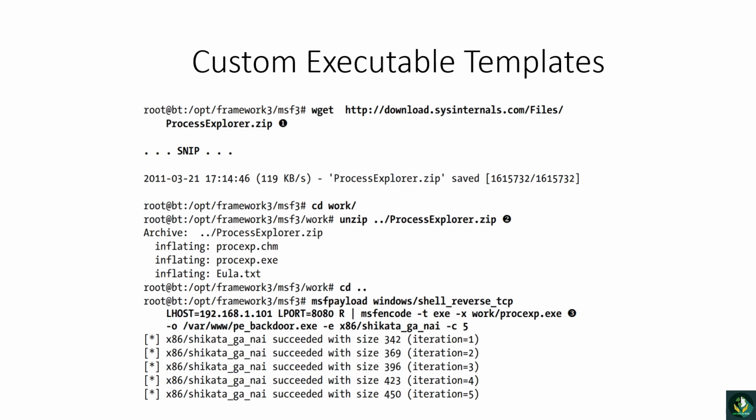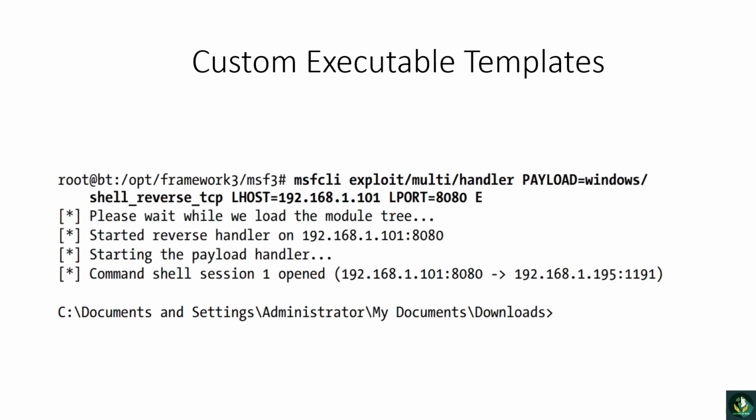After encoding is completed, we start up the multi-handler through msfcli, and then listen for the incoming connection, as you can see here. After that a command shell is open in this specific directory, and we have successfully opened a shell without being detected by antivirus software.